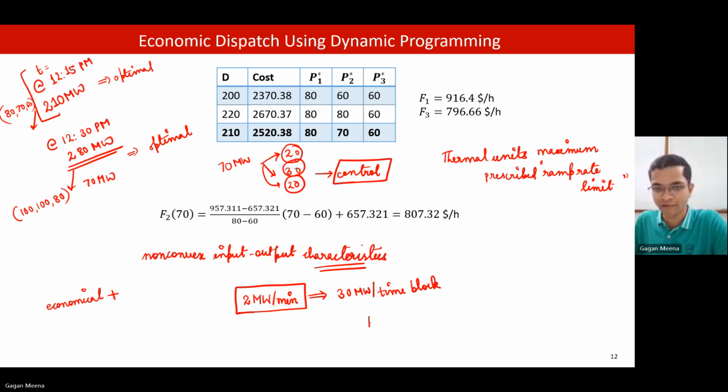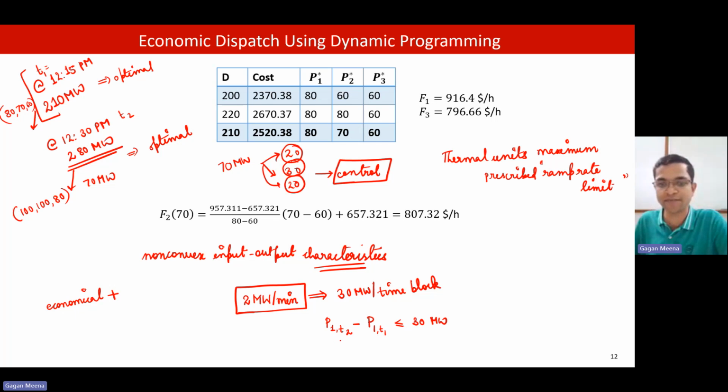Let's say this is time block T1 and this is time block T2. So we want P1 at T2 minus P1 at T1, because we are increasing at T2, and this difference has to be less than 30 megawatts.